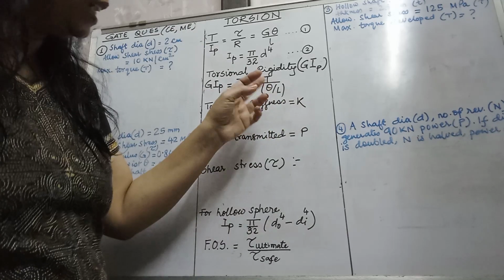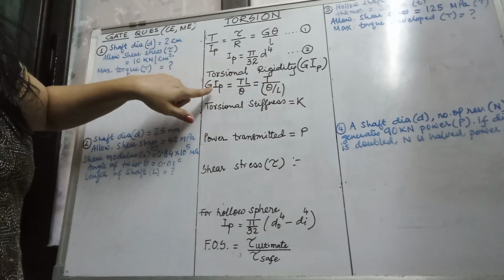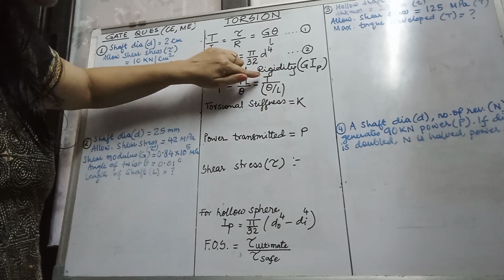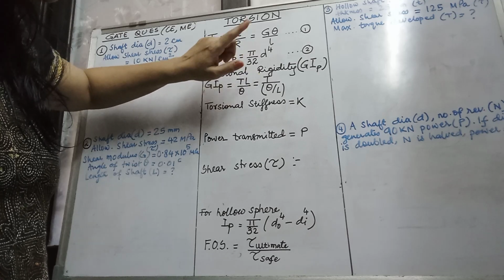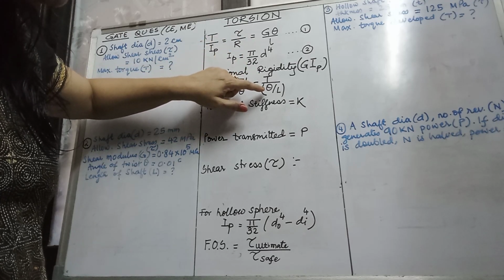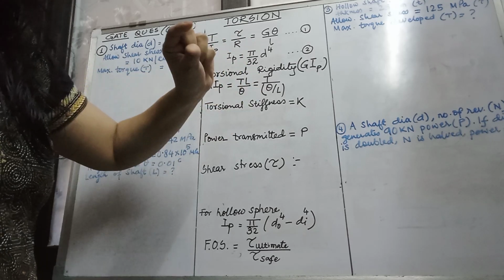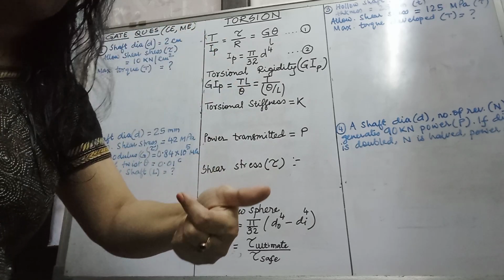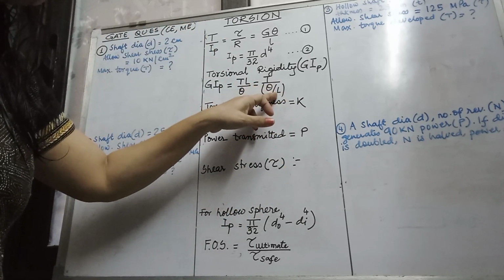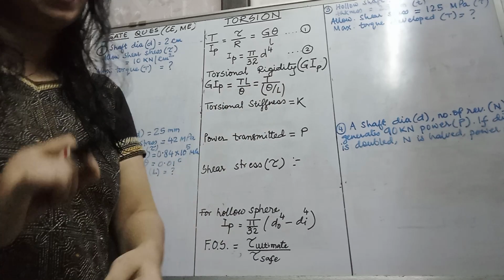But how do we define it? Torsional rigidity is the torque required to produce a unit angle of twist for a unit length of the shaft. I repeat, you can write it down.